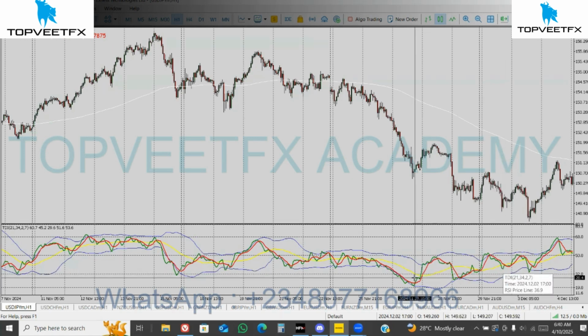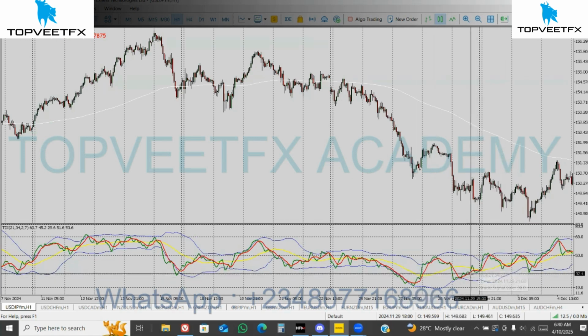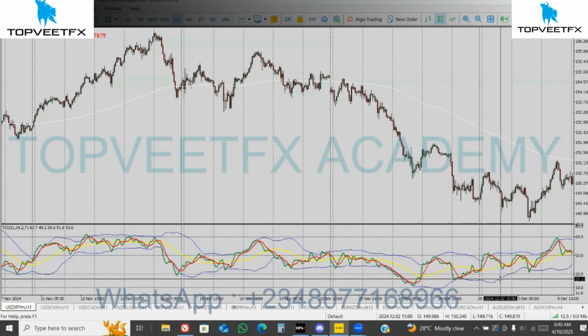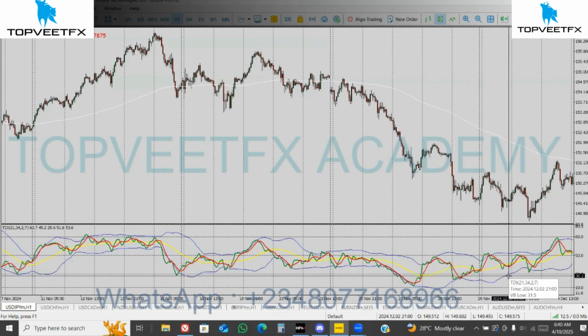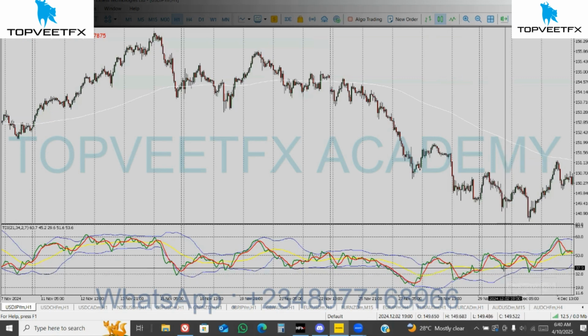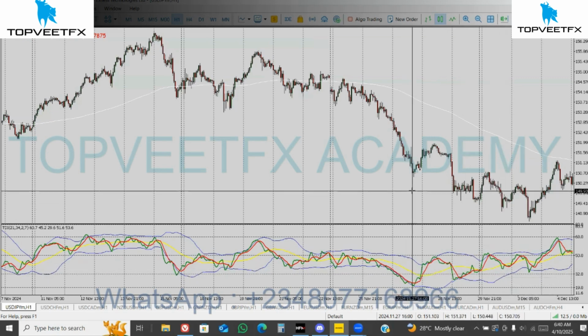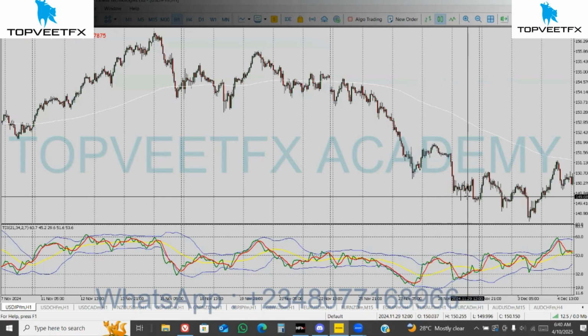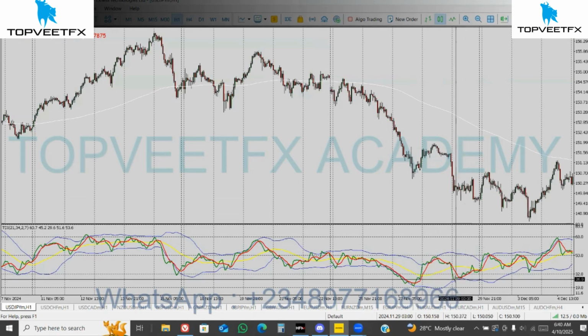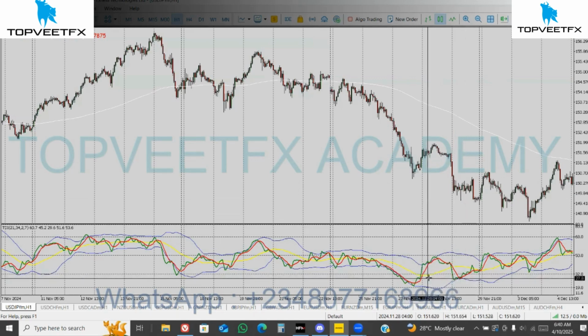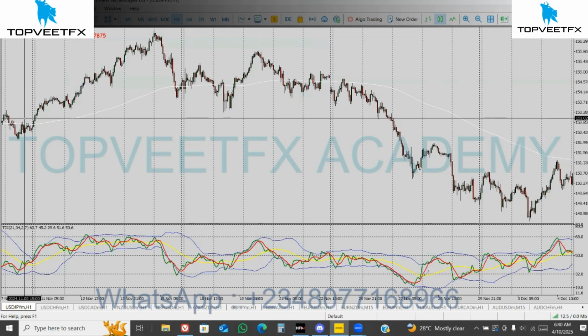But we said when you see the turning, the first pullback to the MBL is what you need. Now, this is our place, a push. It came back and touched it here, but the MBL had just fixed up recently, so you can't say this is what we are going to pick. No, that's not what we are discussing.